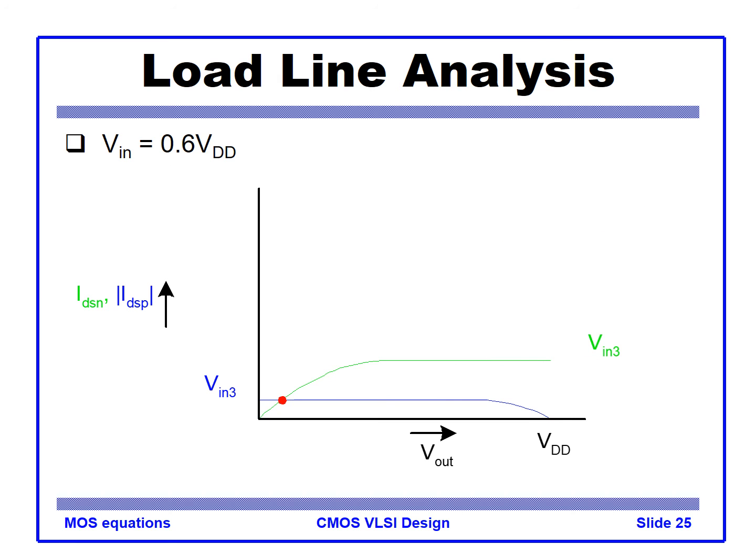If you further increase the input level, the NMOS will flow more current. It will have this kind of curve relationship, and the PMOS will reduce its current. Those two equations are satisfied at this point, so the output becomes low.